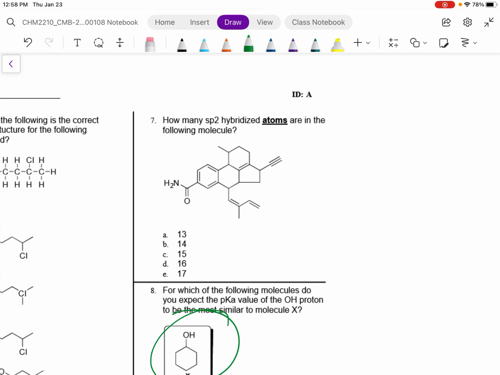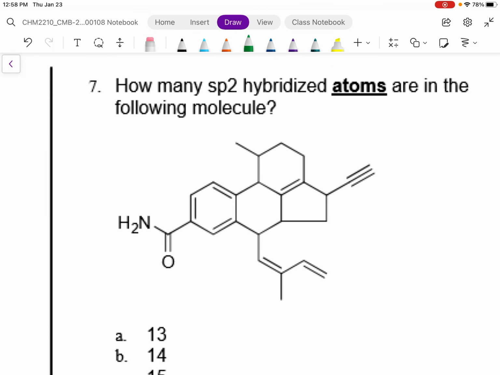And did I not get up and scream and yell and do a song and dance about amide nitrogens? Did I not do that and scream and yell at you guys? There is a lone pair. Okay, class. Someone up front said, "Hey, there's a lone pair. There's 4 groups."